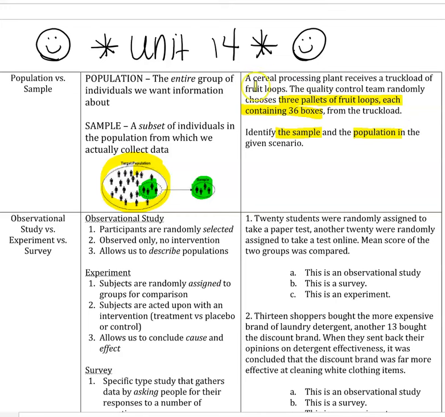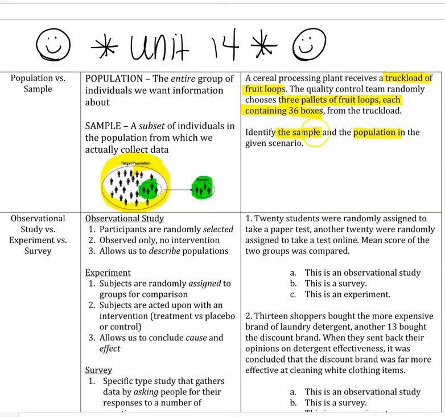All right, so again, let me go back to the beginning. A cereal processing plant receives a truckload of Fruit Loops. So we get a truckload of Fruit Loops. Quality control goes onto the truck and selects 3 pallets from the truck. So what you should be figuring out is that the truckload is the larger amount. The pallets are the smaller things coming from that larger amount.